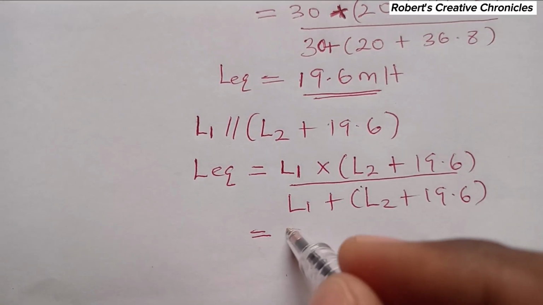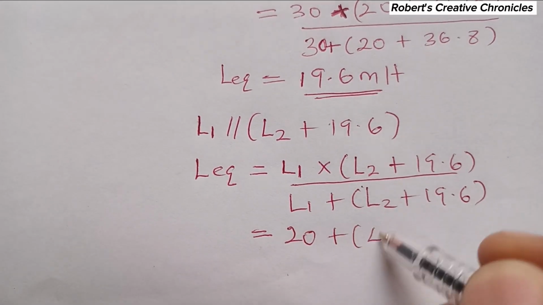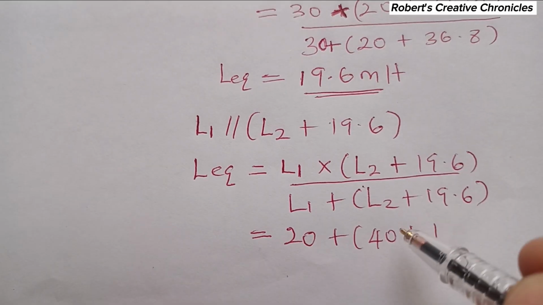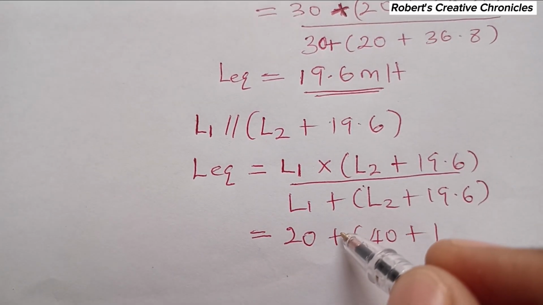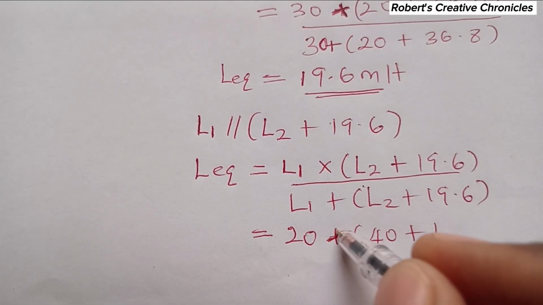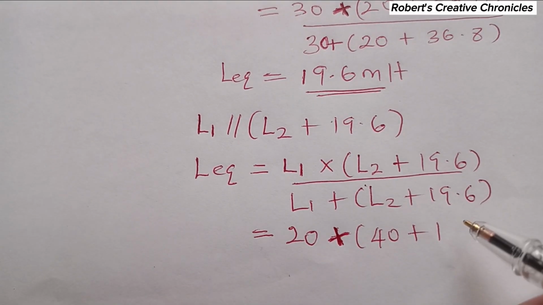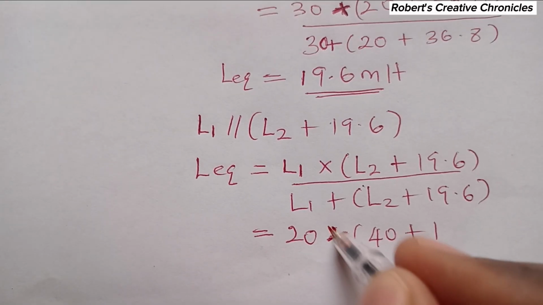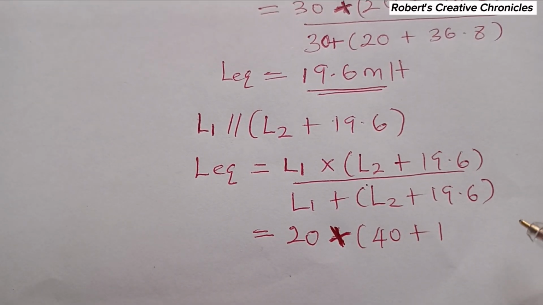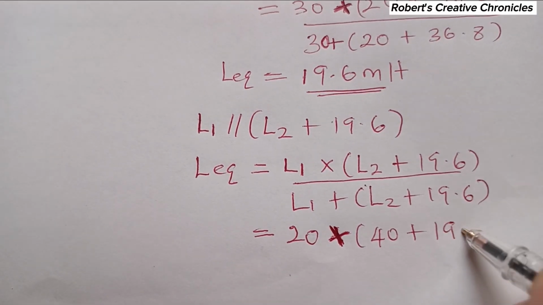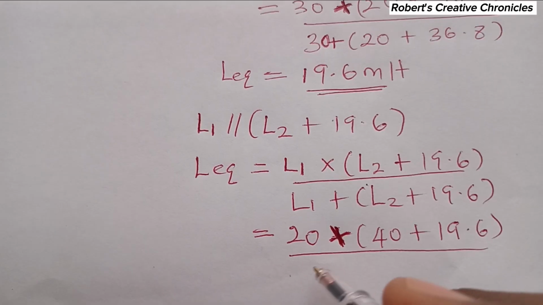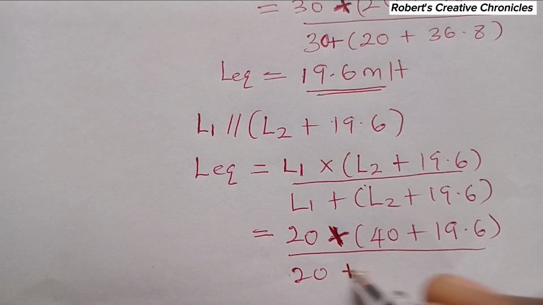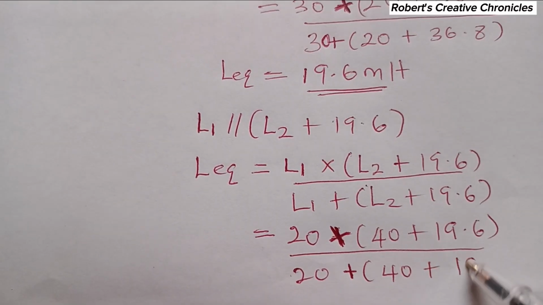For L1 it is 20, and L2 is 40. So it will be 20 times (40 plus 19.6) divided by 20 plus 40 plus 19.6.